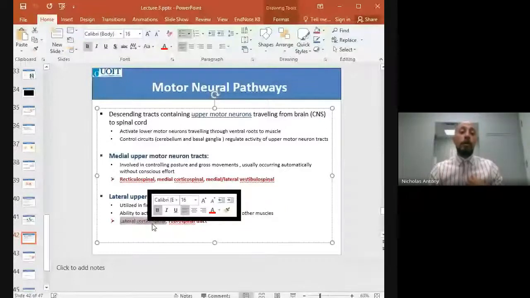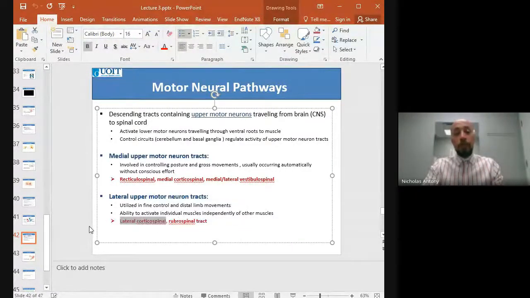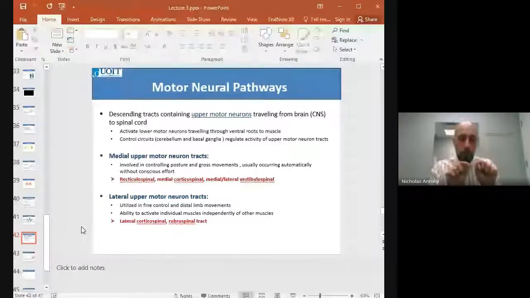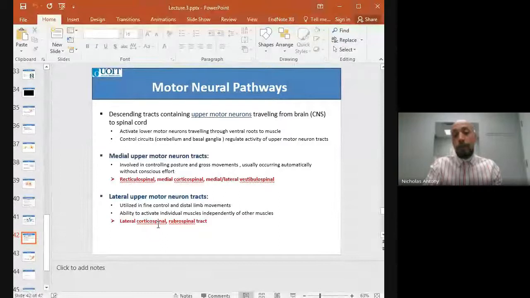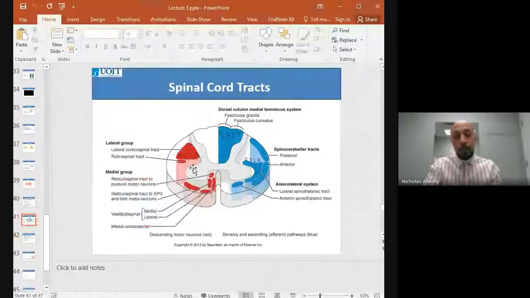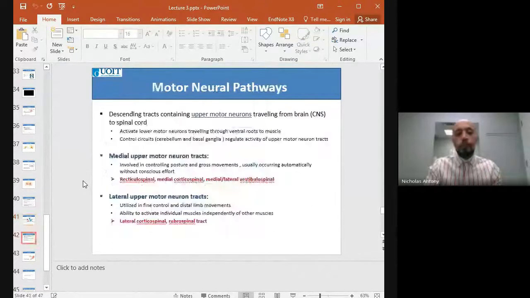In terms of motor skills, all of the tracts are important, but our ability to do intricate movements is going to be our lateral corticospinal tract. Look at the size difference with the lateral corticospinal tract versus the other motor tracts. It's so much bigger. So many more connections.